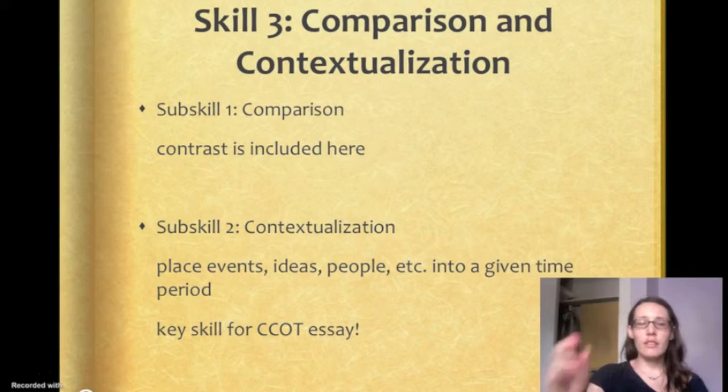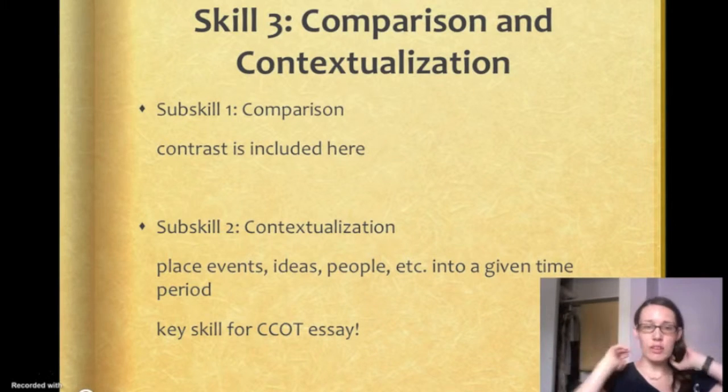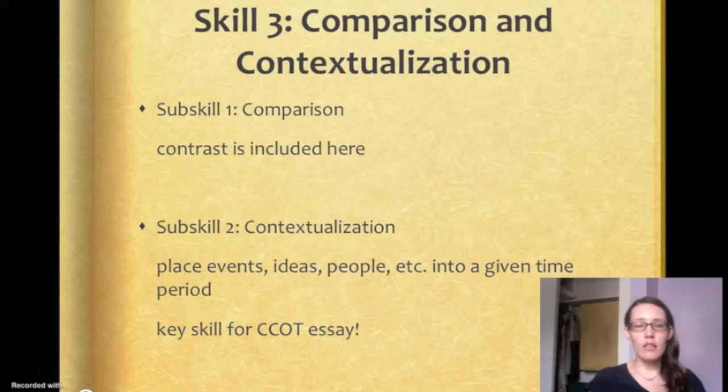Okay, the next skill is comparison and contextualization. So sub-skill 1, comparison, is something, again, that's probably very familiar to you in your previous studies of history. Even in middle school history, you were probably asked to compare and contrast something. So think about how you did that.